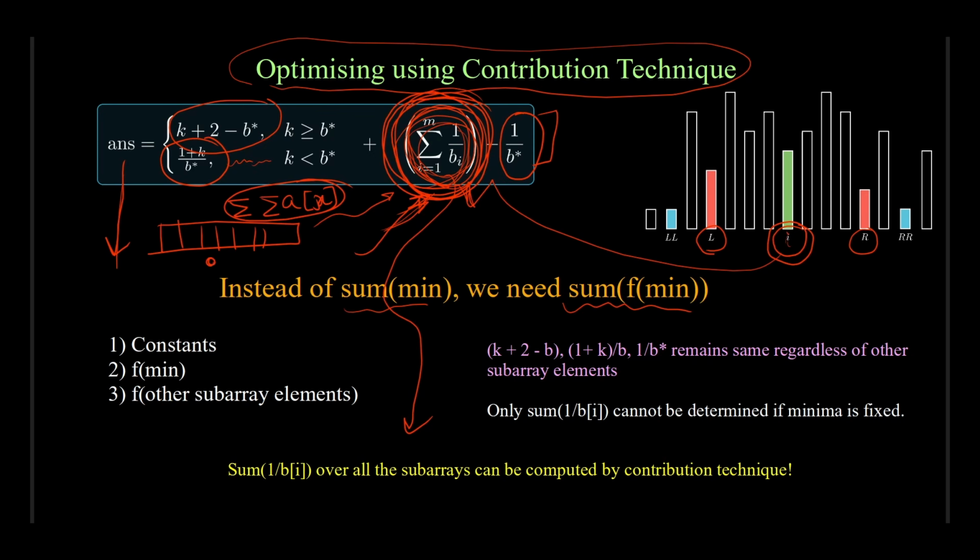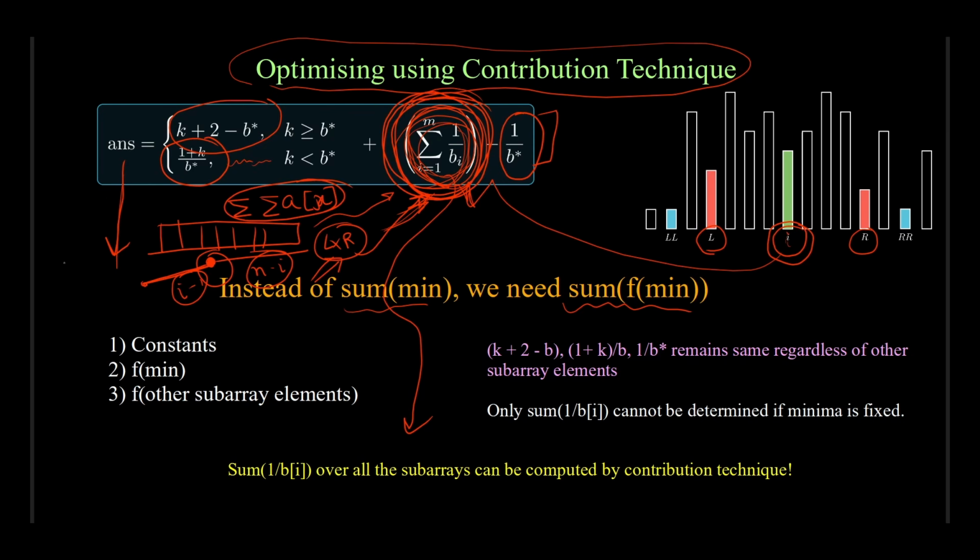Because suppose you pick this element, then how many subarrays will it be part of? It has i minus 1 or i choices to the left, we'll have to see the exact thing, and n minus i choices to the right. So it will be part of left into right, these many subarrays, and then you can simply add the contribution of these individual elements.